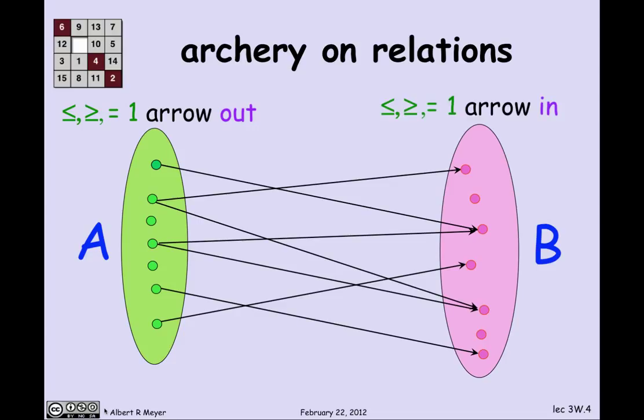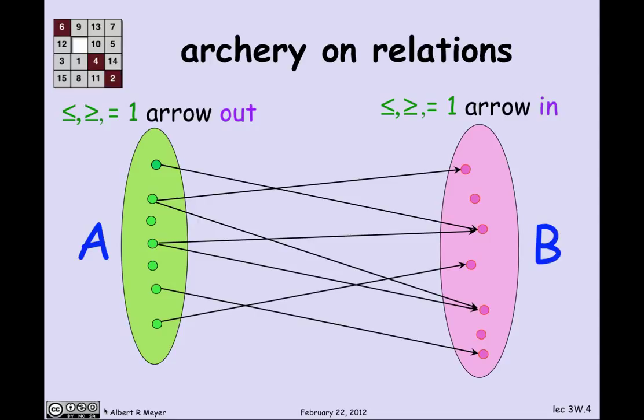And symmetrically, we're going to classify relations with respect to codomains in the same way: relations where every codomain element has greater than or equal to one arrow in, has exactly one arrow in, or at most one arrow in, is the other part of the classification.